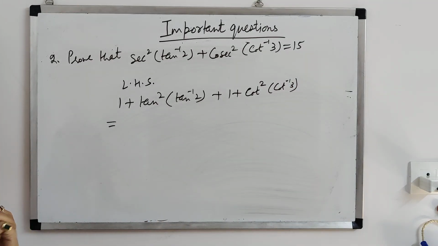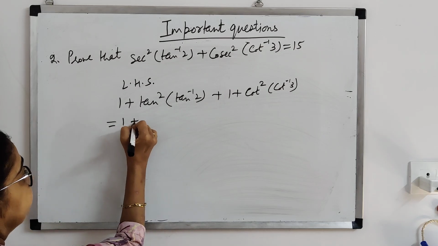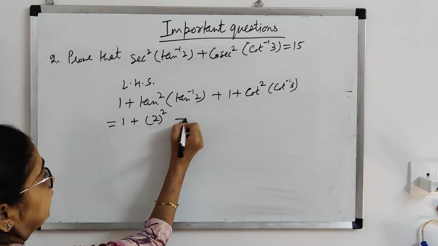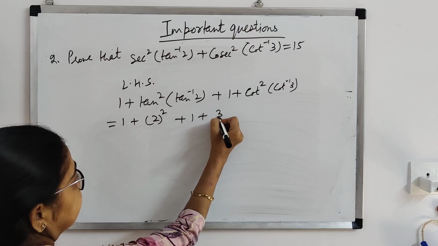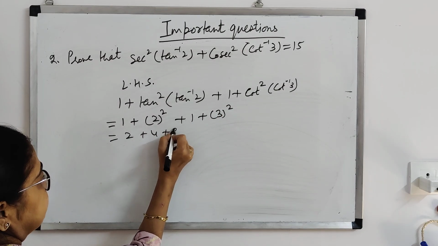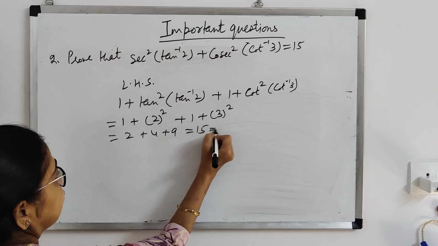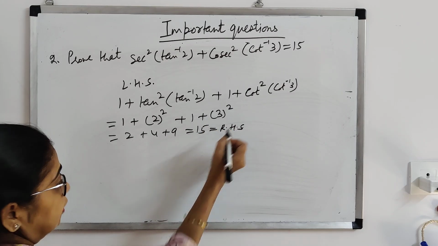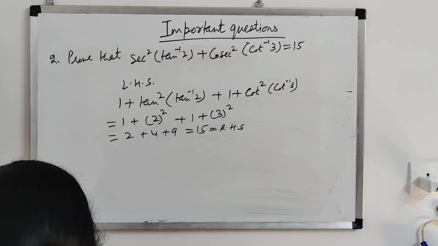So what is tan of tan inverse 2? That will be 2. So we can write this as 1 plus 2 square and 1 plus 3 square. 5 plus 10 is 15, which is your right hand side. So this is the way we prove this question.